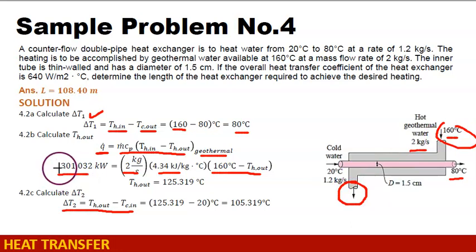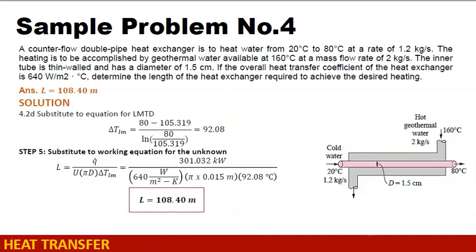From that we can solve for the value of T hot out and eventually substitute this to our equation for delta T2, so that delta T2 is 105.319 degrees Celsius. So we can now solve for LMTD since we already have all the values of the temperature. Our LMTD is 92.08 degrees Celsius.